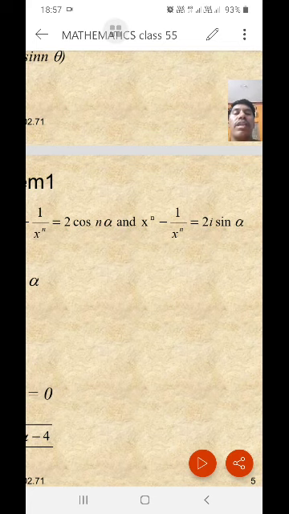I think it is sin n alpha; n is not printed here.